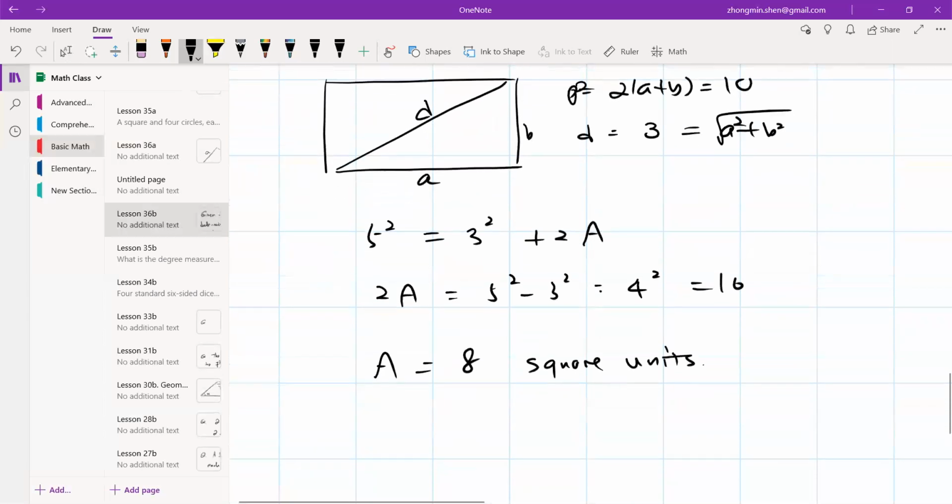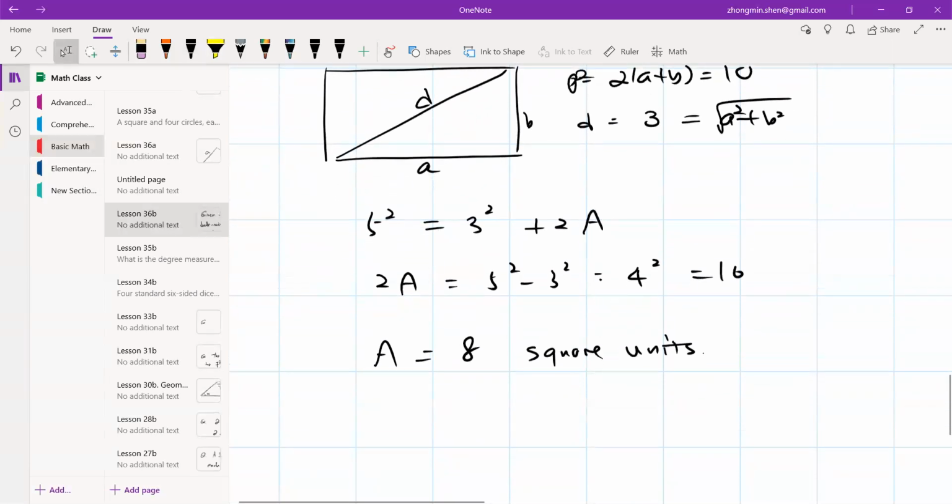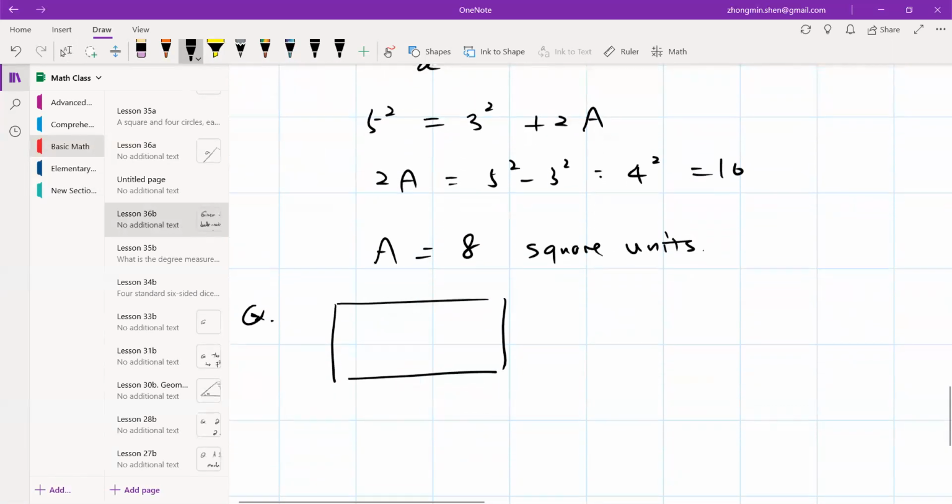Okay. So here's a question. Here's a rectangle.